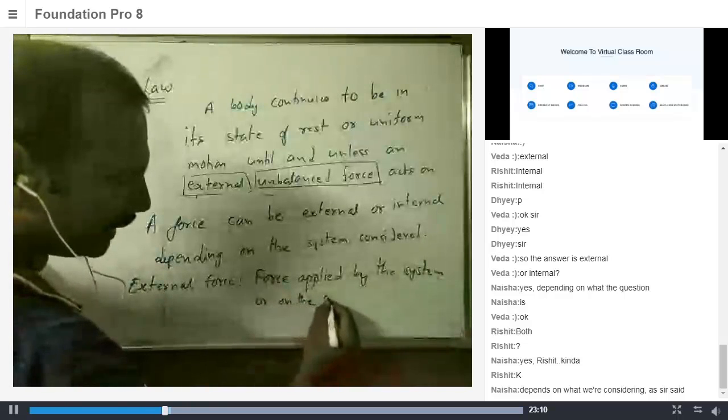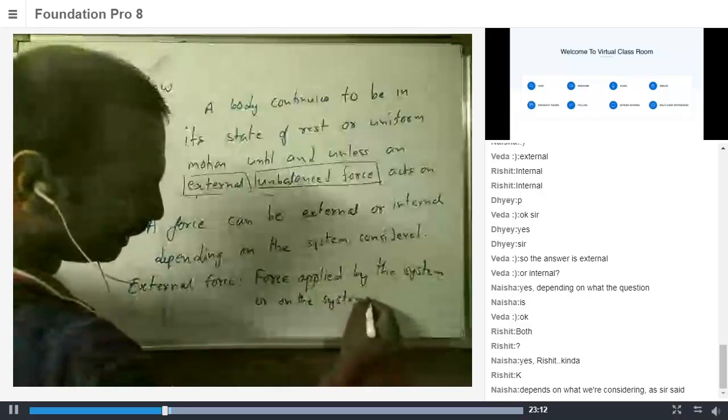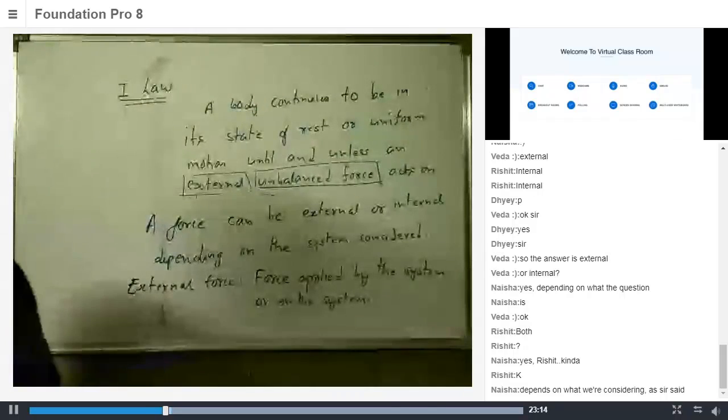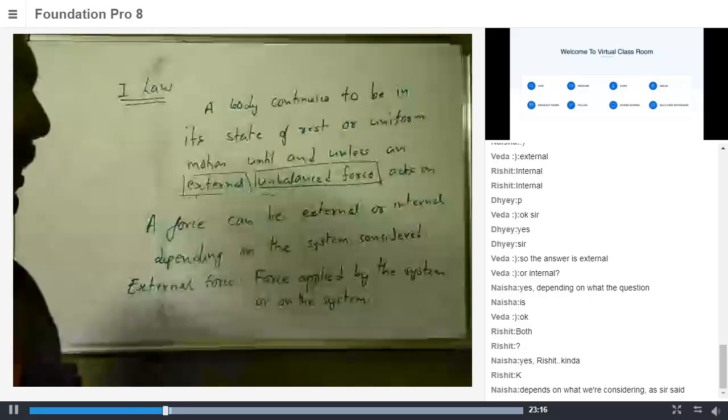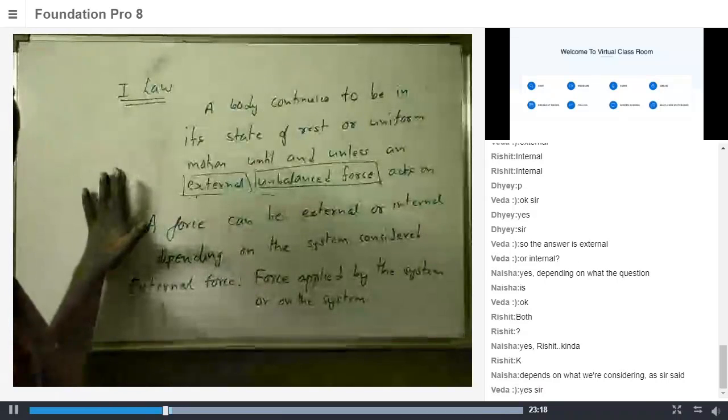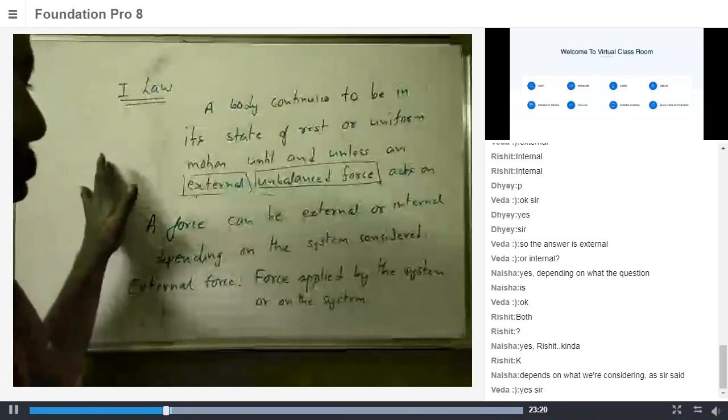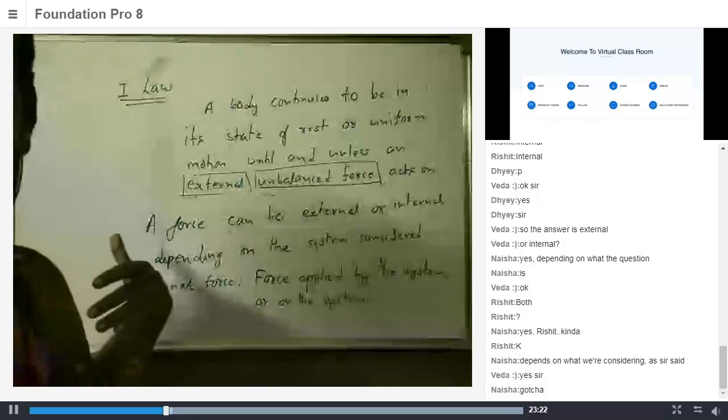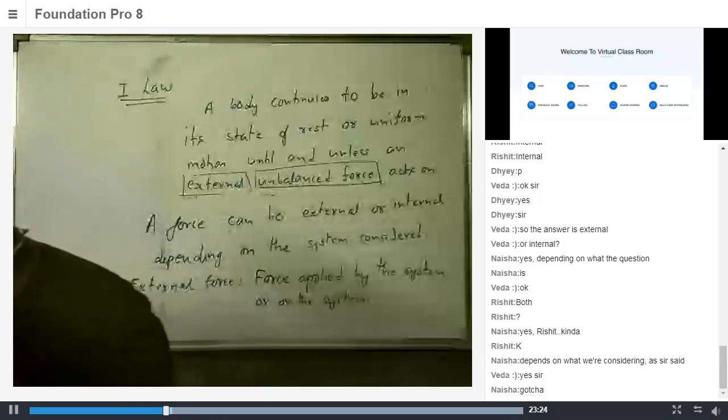Both the forces are external forces. I hope it is clear. If I am considering myself a system, then if I push the board, that is external force. If the board pushes me, that's also external force.